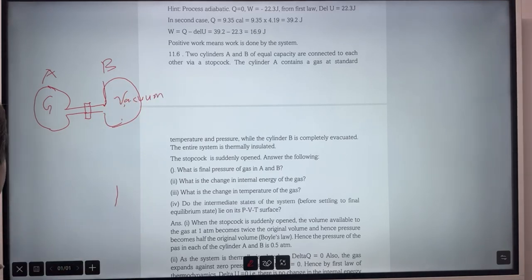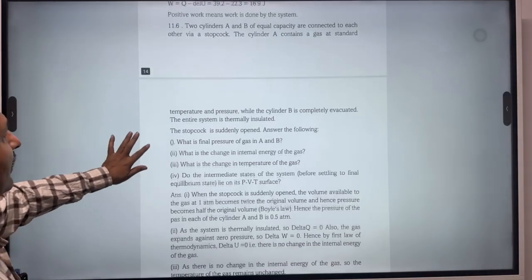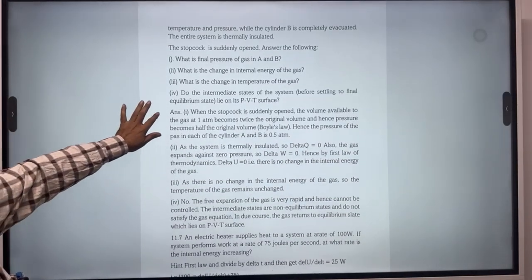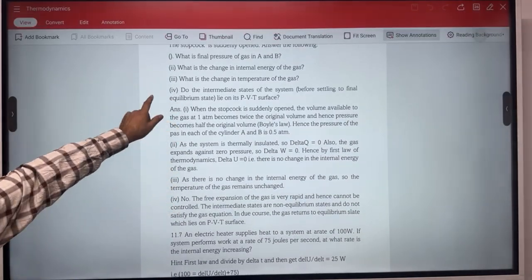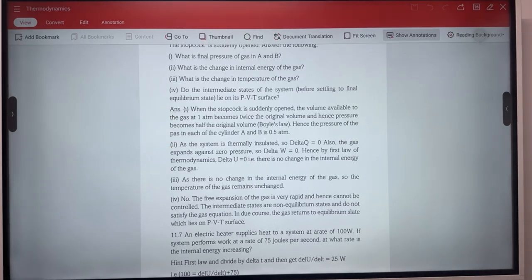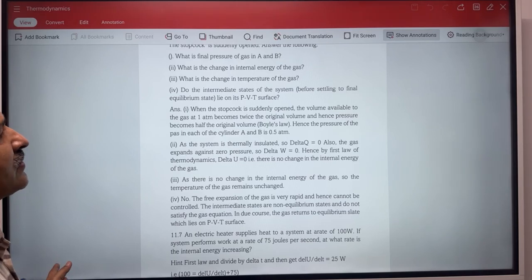So case number one, what is the final pressure of gas in A and B? Obviously, since the capacity of both the cylinders is the same, gas will be equally distributed. So pressure will become just half.